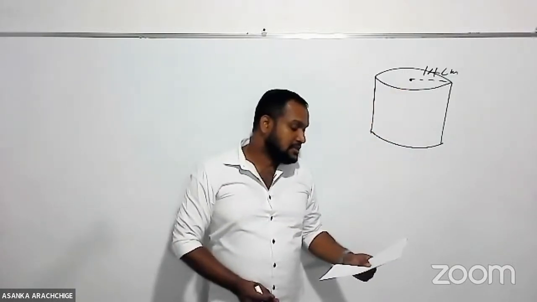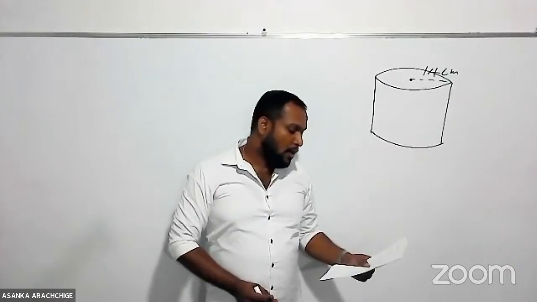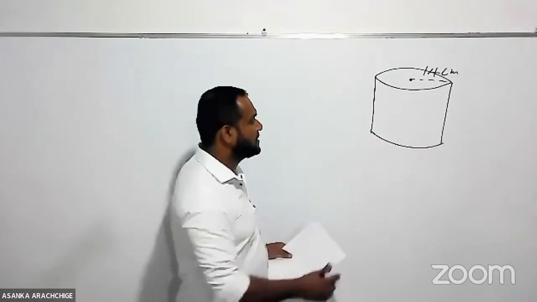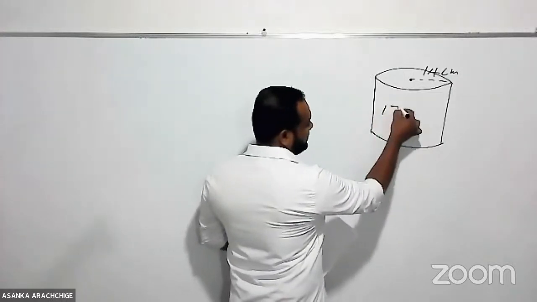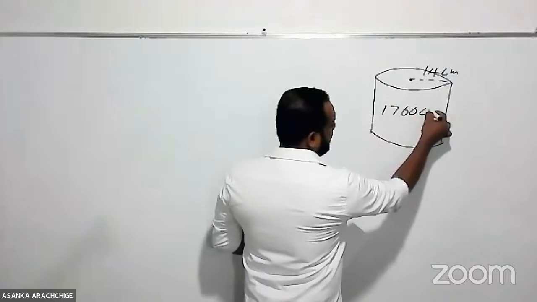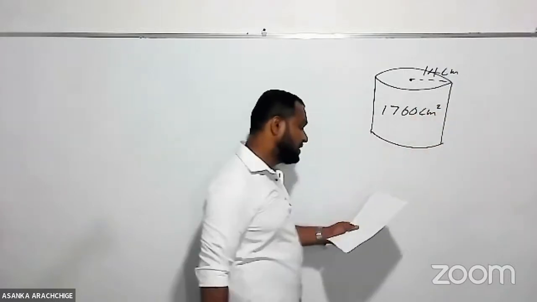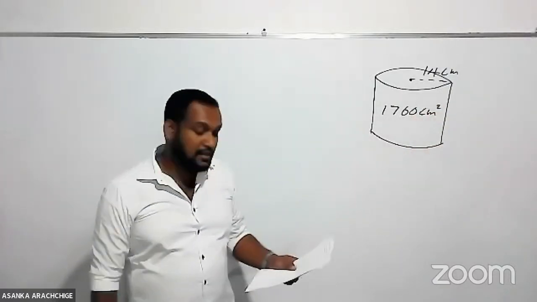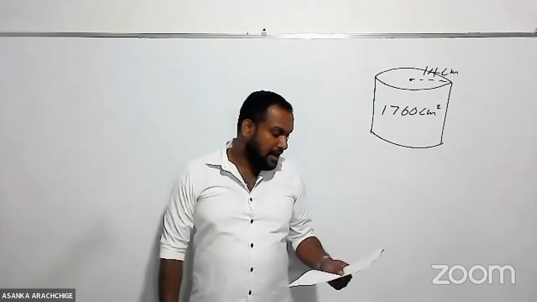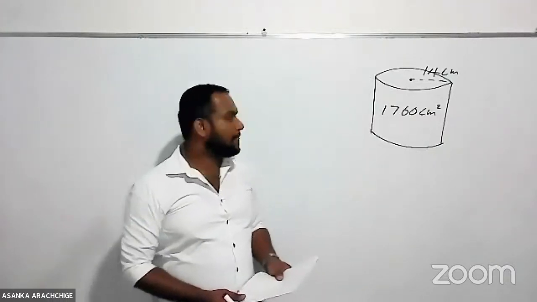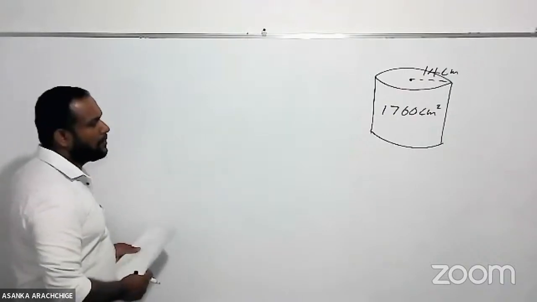14 centimeters, and the curved surface area is 1760 square centimeters. Find the height of the cylinder.